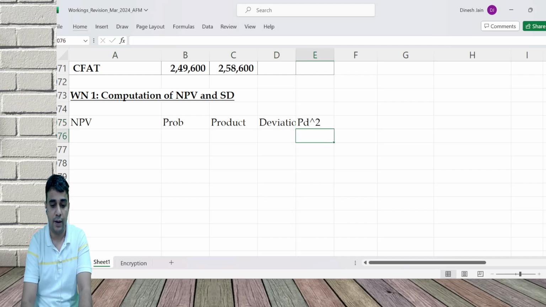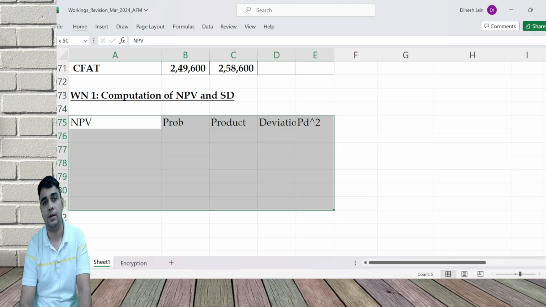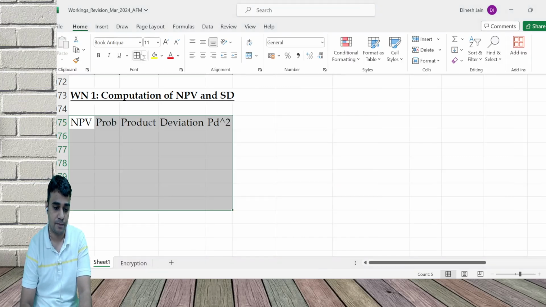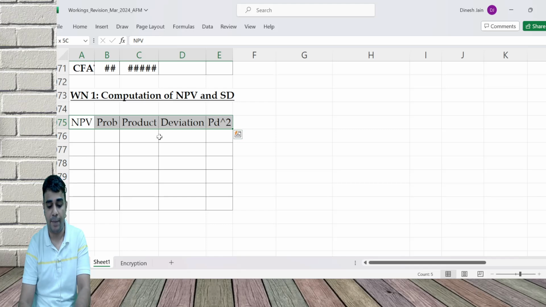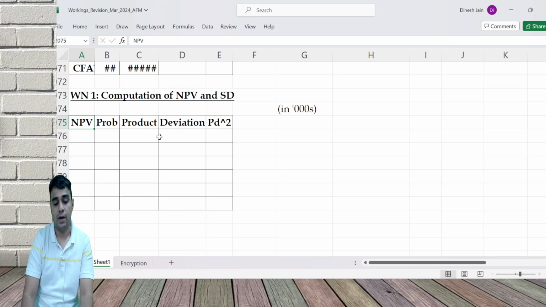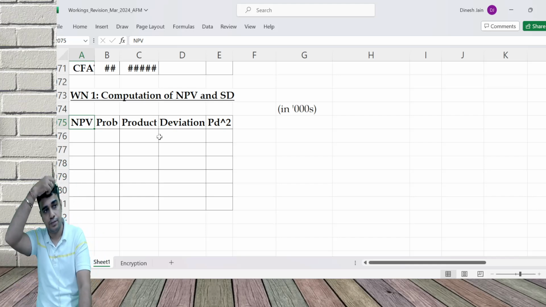Basically format one of portfolio management. You will keep using that only. There it was return and probability, here it's NPV and probability. In the right hand side corner, in thousands. Only first project we will do.